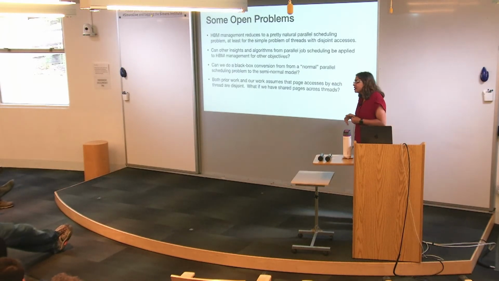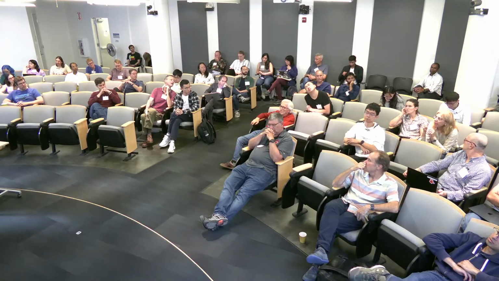Yes. So basically, just to understand if I got it right, the assumption for disjoint accesses is needed when you want to prove that there is this correspondence between the two problems. Otherwise, in the HBM management, you would bring a page in and the others could use it. Right. Yeah.